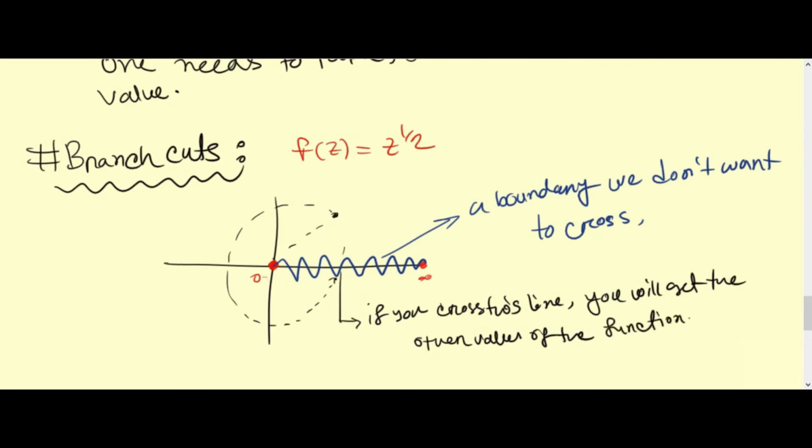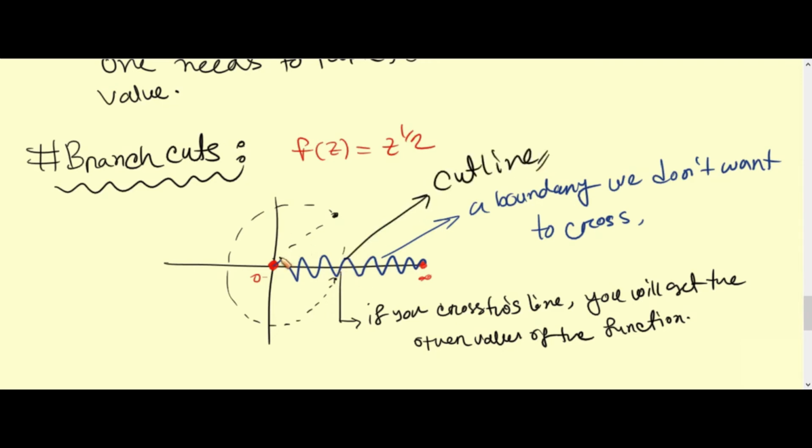So this is a restriction to make our multi-valued function into a single valued function. And let me emphasize that a function with a branch point and a corresponding branch cut will not be continuous across the cut line. So this is also our cut line.